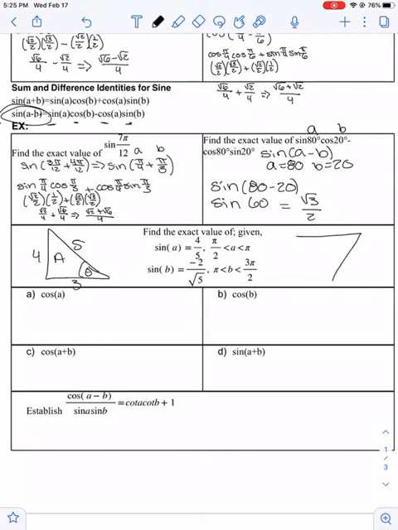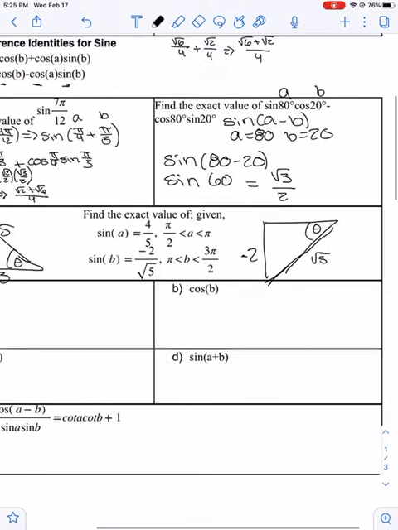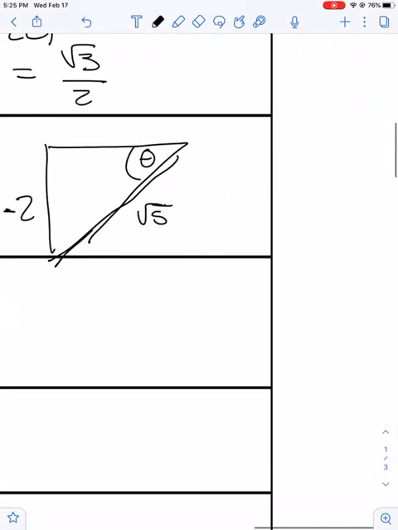B lies between pi and 3 pi over 2, so our third quadrant. And this sine is -2 over square root 5. So I need to figure out what that other side length is. So I'm going to use the Pythagorean theorem.